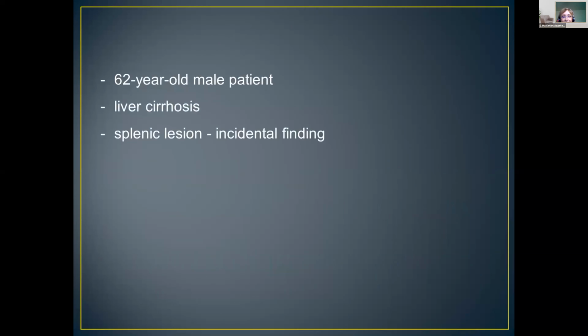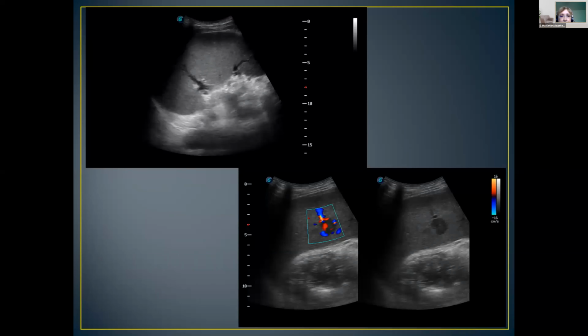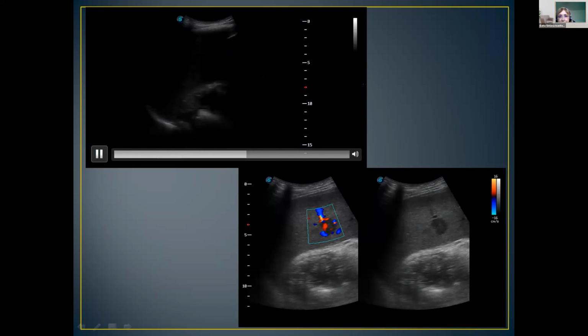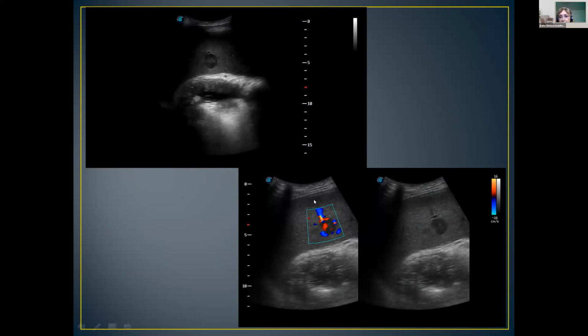Another case, a 62-year-old male patient with liver cirrhosis with a splenic lesion, an incidental finding. You can see a hypoechoic lesion with intense Doppler signal with a few cysts inside.